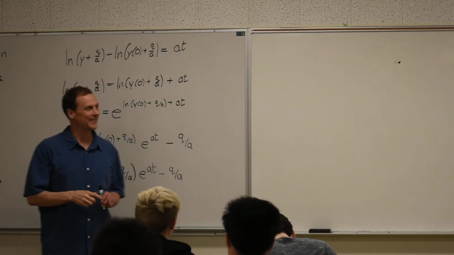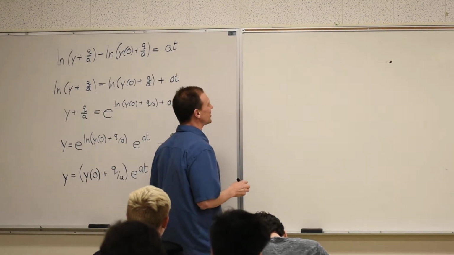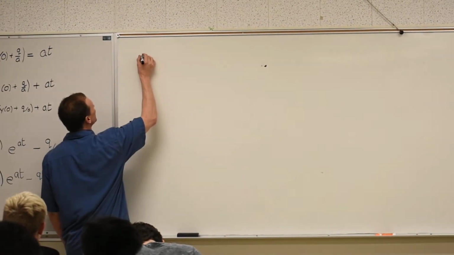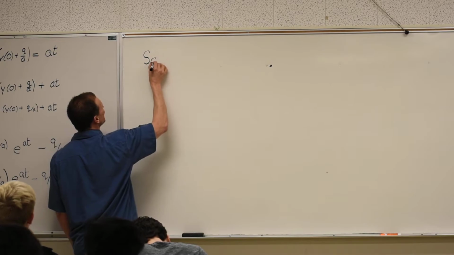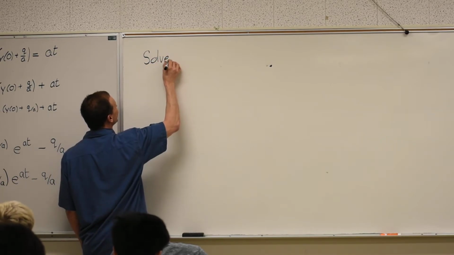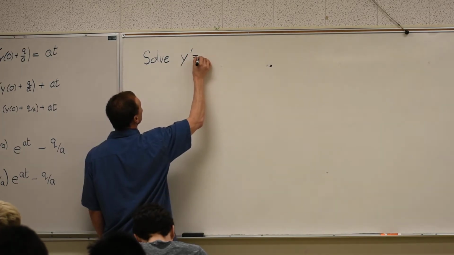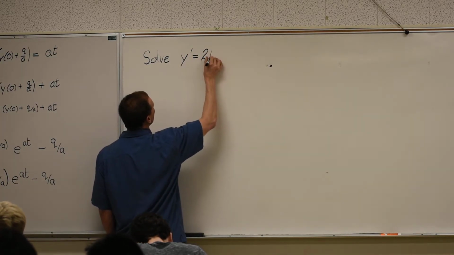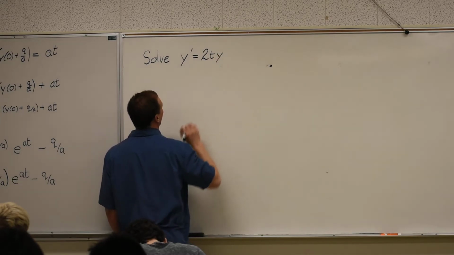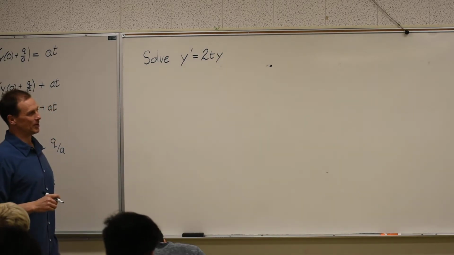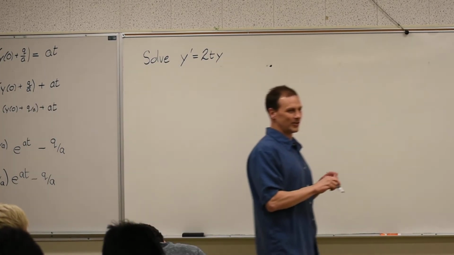All right, let's do one more. This one will look a little bit more interesting. And that is this. We're going to solve by separation. Solve y prime equals 2 times t times y. Now, this one I believe, let me get this book real quick.